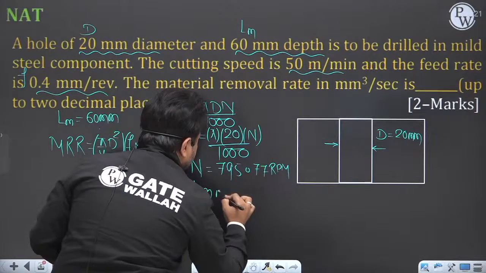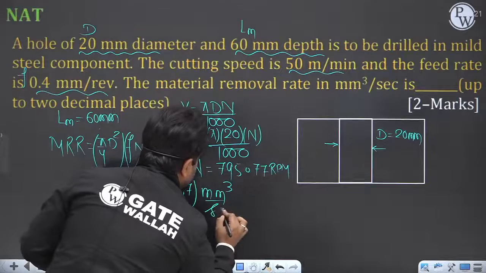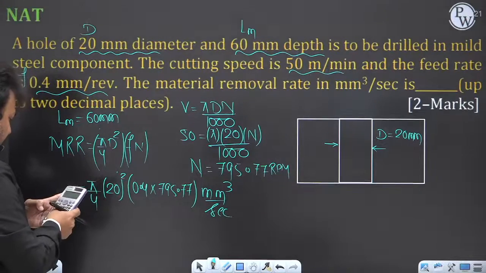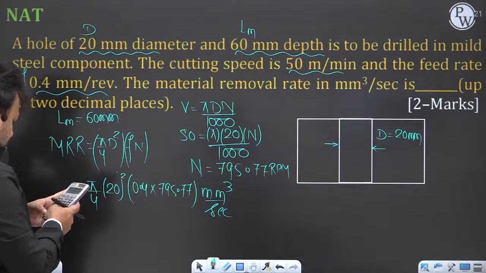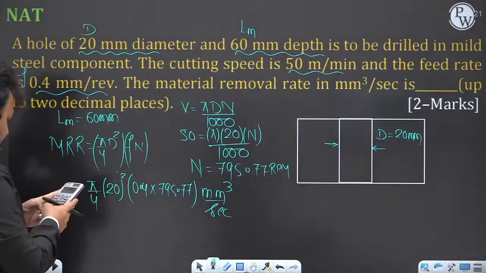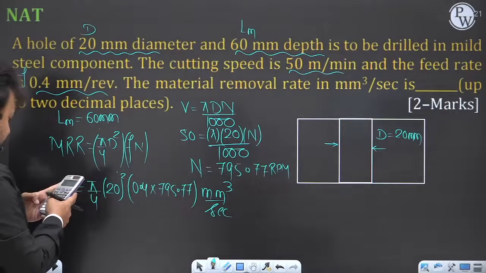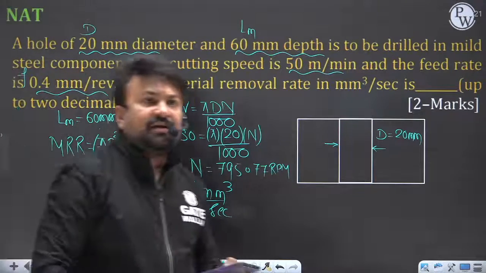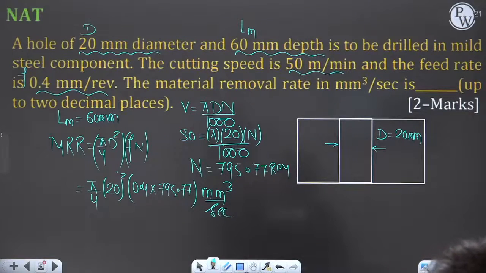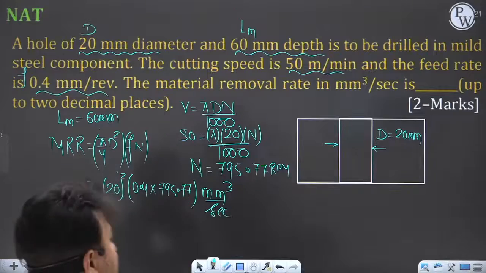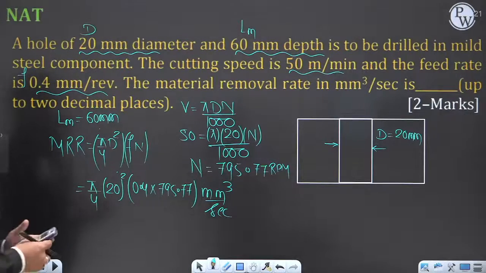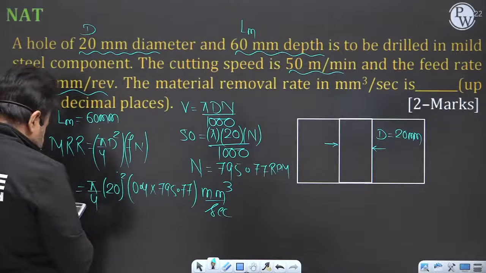This will be mm cube per second, right? So pi by 4 into 20 square into 0.4 into the answer. So how much is coming, my dear student? Yeah, tell me please. Okay, tell me how much you are getting.